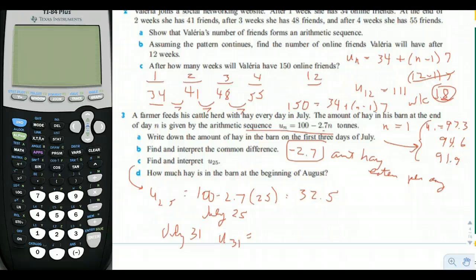At the beginning of August, that would be end of July. So you could just use U31 for that. So U31 would be 100 minus 2.7 times 31. And so that would be 16.3. Okay? And that's it.